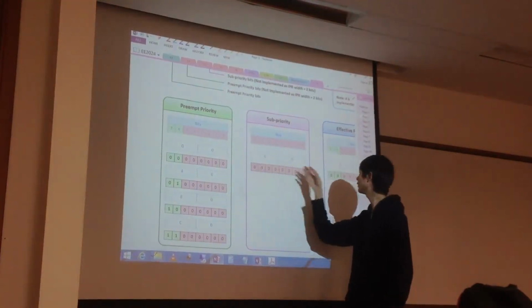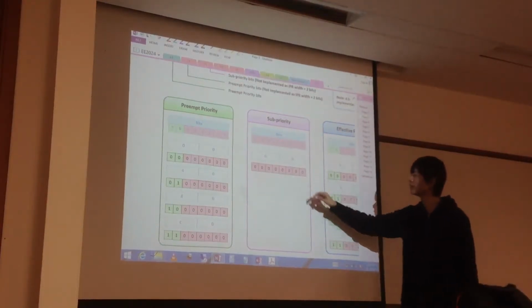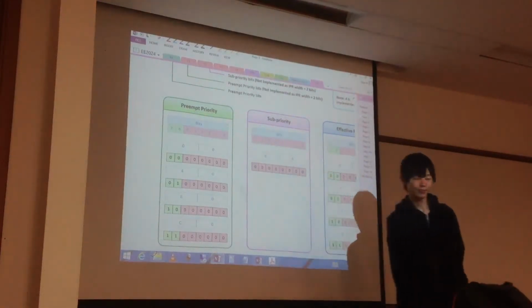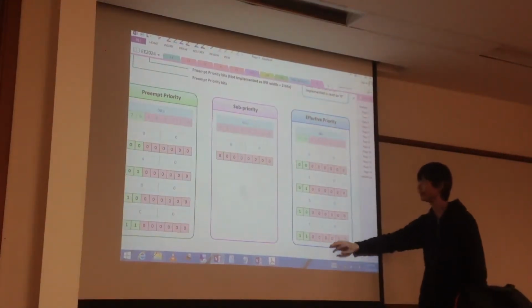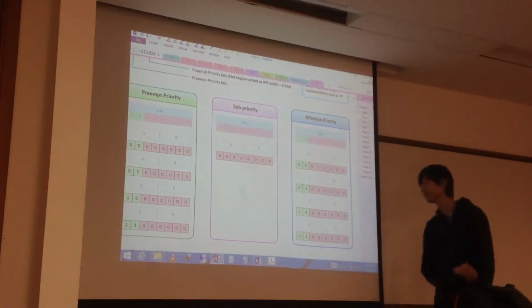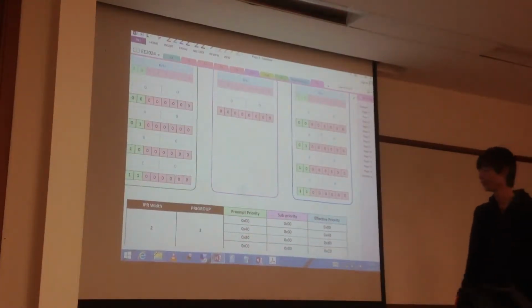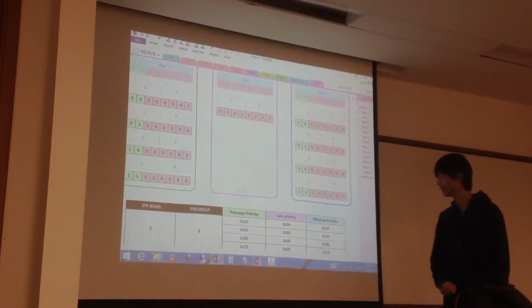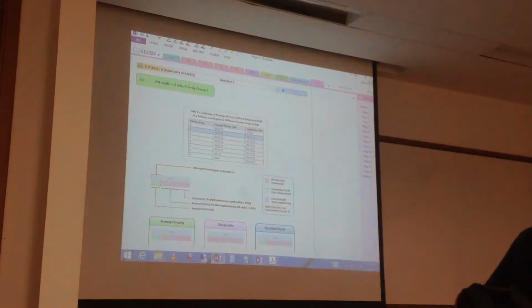This one plus this one, you get another effective, and so on. Since this is 0, basically this is equal to this. Once again, 4 possible levels, summarized here. Let's proceed with another example.